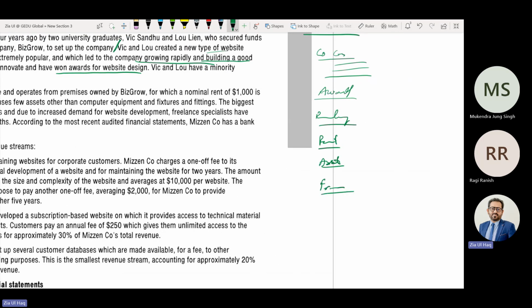So we need to get detail about the freelance, whether they are having a contract with the company or they are coming to the company based on some personal relations, whether they will continue after acquisition or we can change them. So additional information will be freelance contract copy.